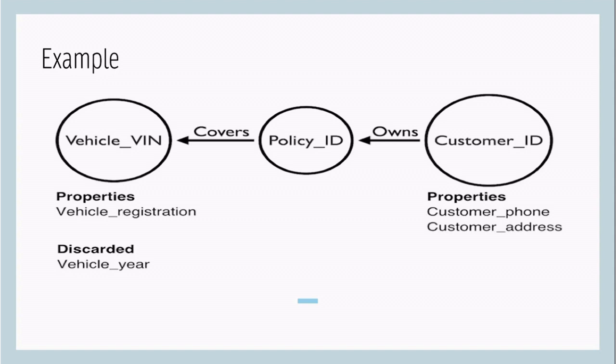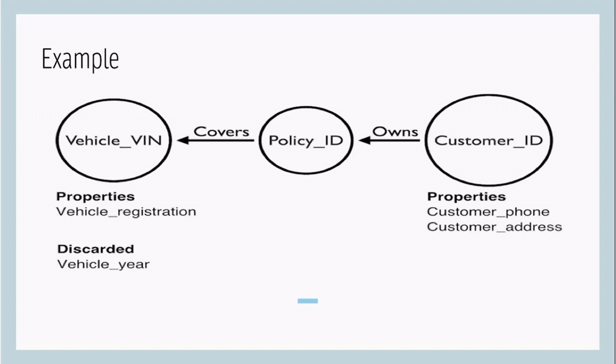Covers and owns are the relationships between the policy ID and vehicle VIN, and customer ID and the policy. Here we can clearly see that the relationship is directional, and covers indicates the policy ID which covers the vehicle VIN. Through this we can clearly see a labeled graph model.